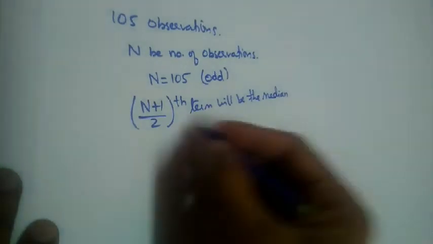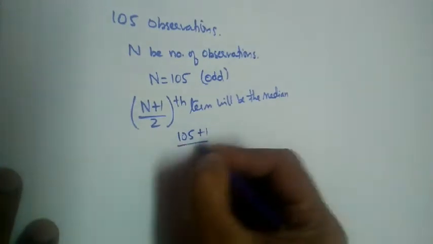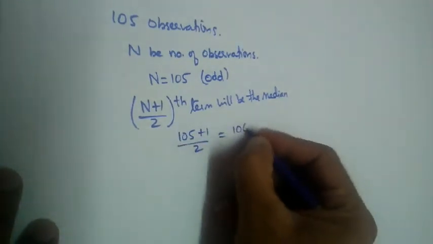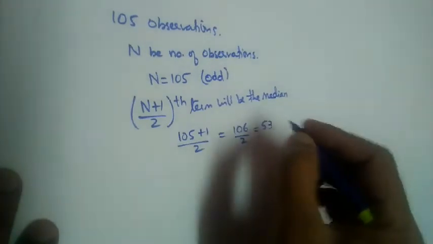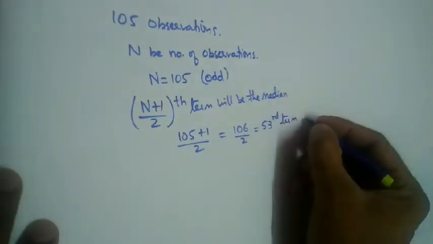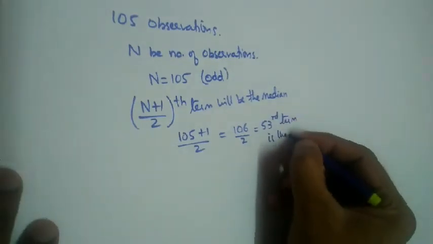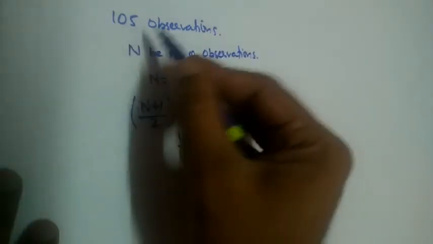The value of n is 105 in our case, right? So it is 105 plus 1 divided by 2. So it will give us 106 divided by 2. It is 53. 53 is not the median. The 53rd term is the median. Imagine we have 105 observations.